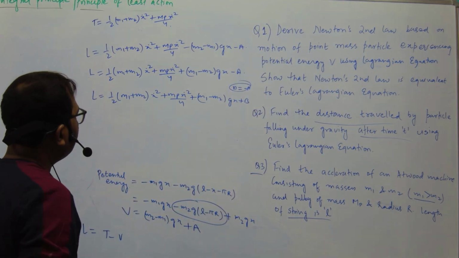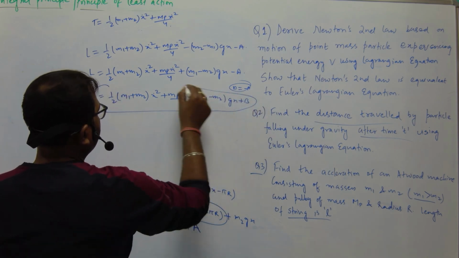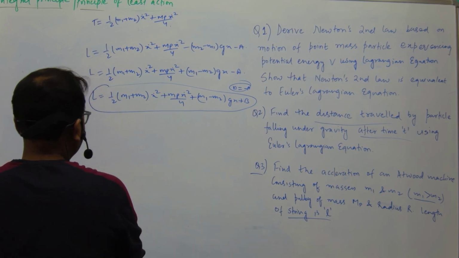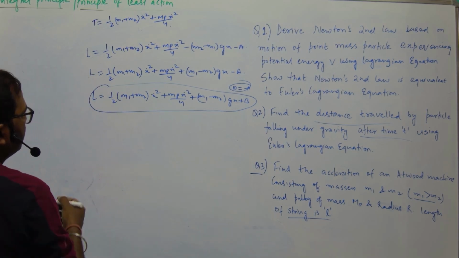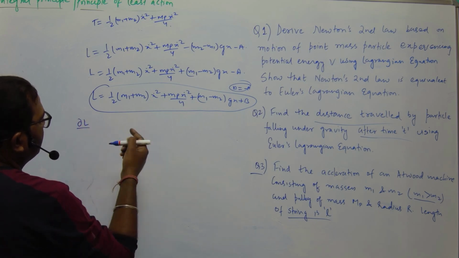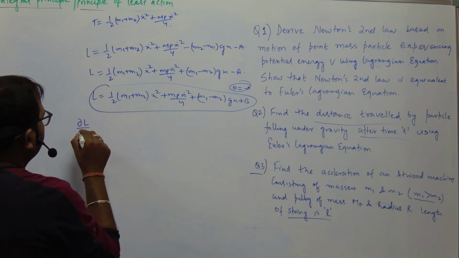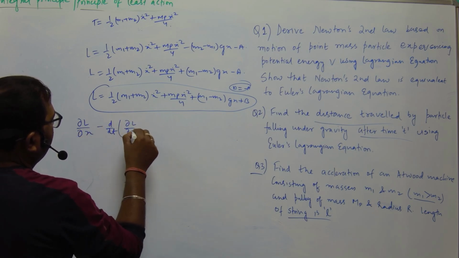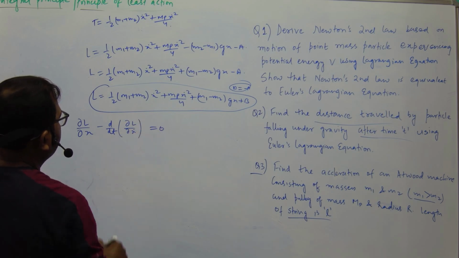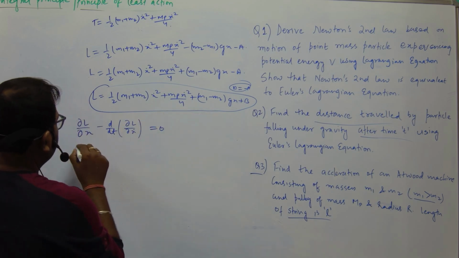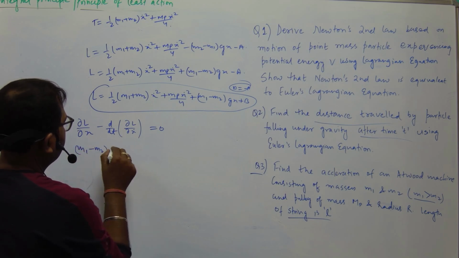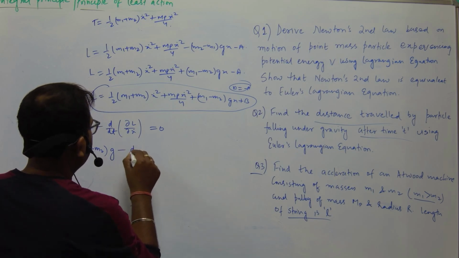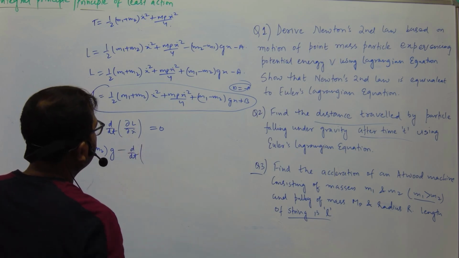Now let us apply the Euler-Lagrange equation. Here the generalized coordinate is x. We have the Euler-Lagrange equation as del L upon del x minus d upon dt of del L upon del x dot equal to 0. Del L upon del x will be equal to m1 minus m2 into g, and minus d upon dt of del L upon del x dot.